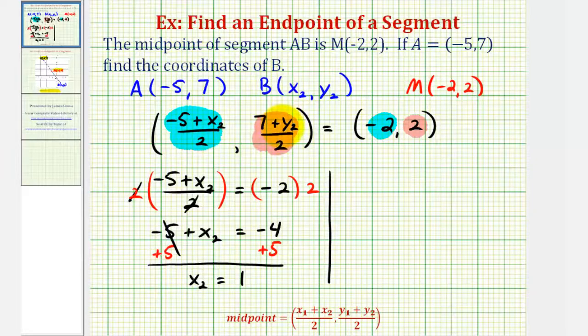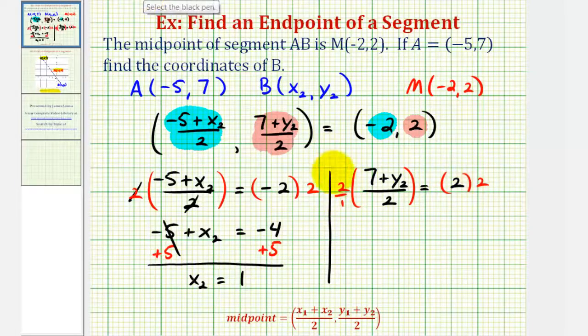Now to find y sub 2, or the y-coordinate, we have the equation (7 plus y sub 2) divided by 2 equals 2. Again, we'll clear this fraction by multiplying both sides by 2. Either way, 2 over 2 simplifies to 1, so we have 7 plus y sub 2 equals 4.